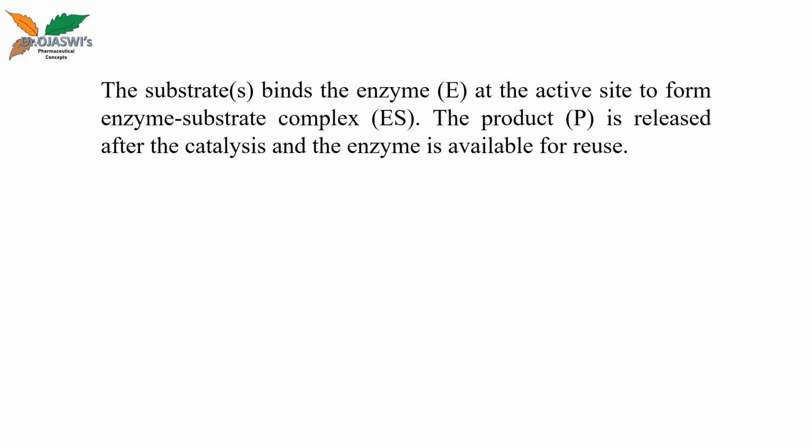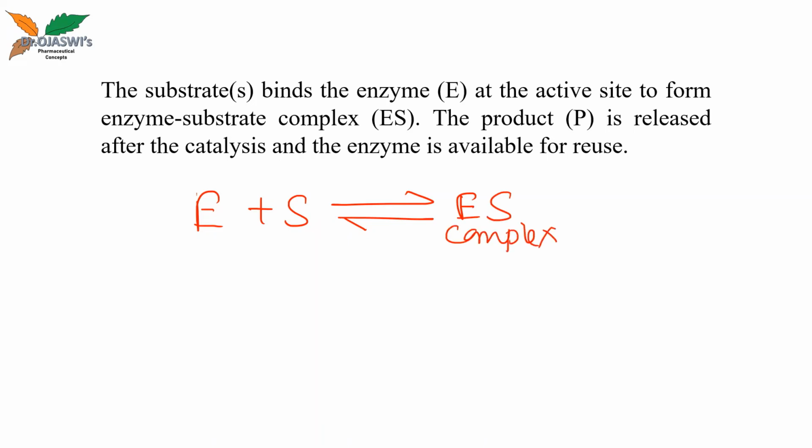Here we have seen just now that the enzyme reacts with the substrate and forms the enzyme substrate complex. A reaction will begin. The substrate will undergo some changes and it will leave the enzyme as a product.